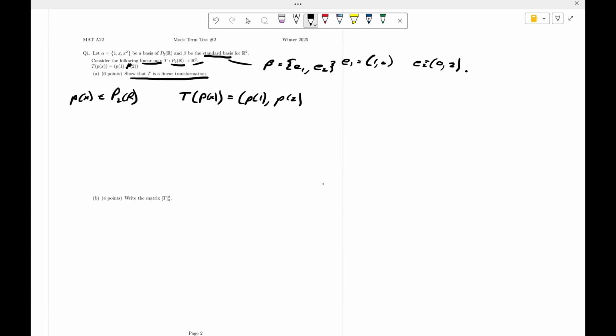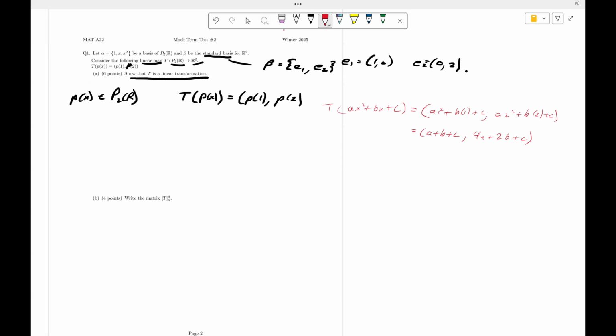Now, if we consider just a generic vector, that would be ax squared plus bx plus c. So if we're applying T to this function, this would equal (a times 1 squared plus b times 1 plus c, a times 2 squared plus b times 2 plus c), which equals (a plus b plus c, 4a plus 2b plus c). And that would be my output.